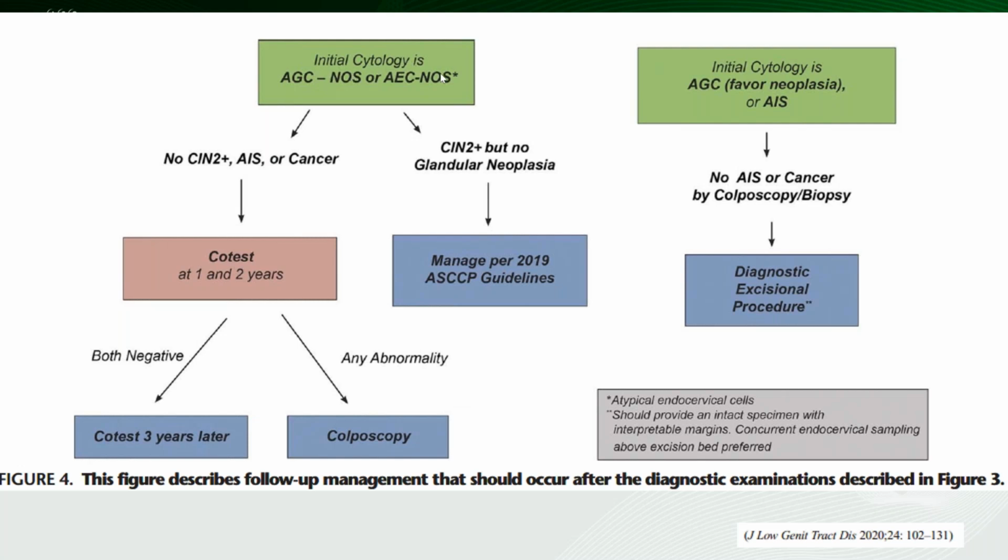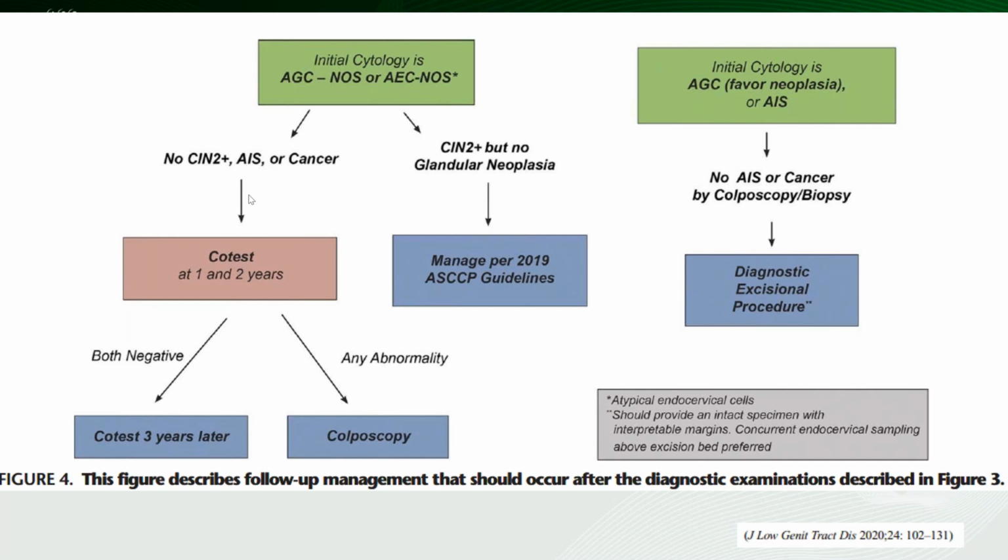If your initial cytology is atypical endocervical cells NOS, or if the initial is favor neoplastic or AIS, knowing this, in reality we don't need to struggle over whether this is favor neoplastic or AIS, because that is managed the same, but we do need to separate out NOS.